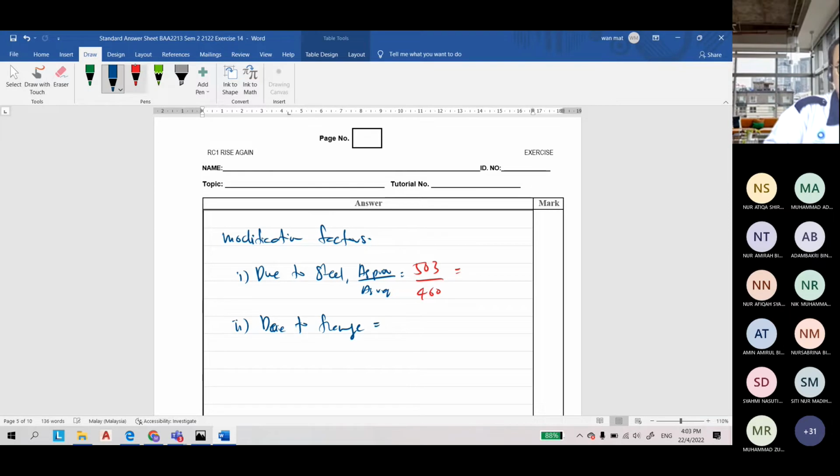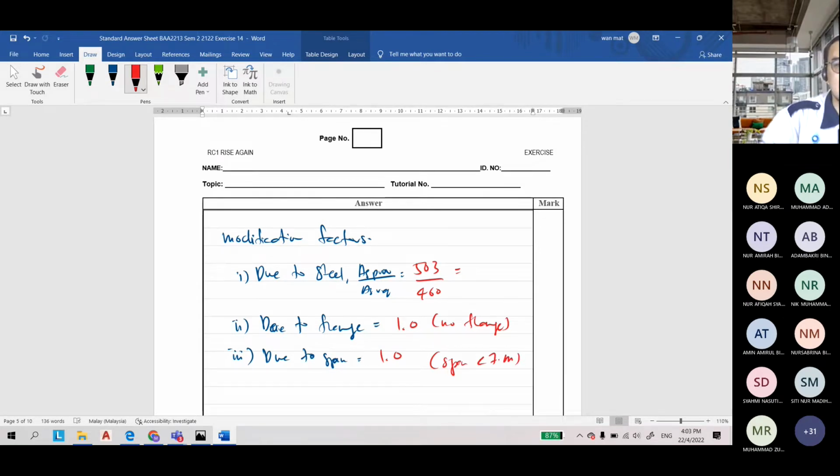So it's equal to 1.0 because no flange. And then the third is due to span, also equal to 1.0 because our span is lesser than 7 meter. So what is the answer for 1, due to the steel? 1.1. Okay, good.